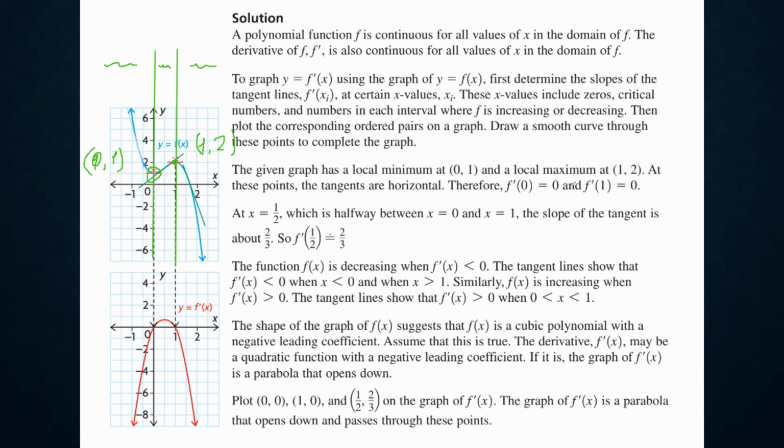So at this point, the tangents are horizontal. Makes perfect sense. Therefore, the derivative at this point would be equal to 0. So when x equals 0 and x equals 1, the derivative equals 0.